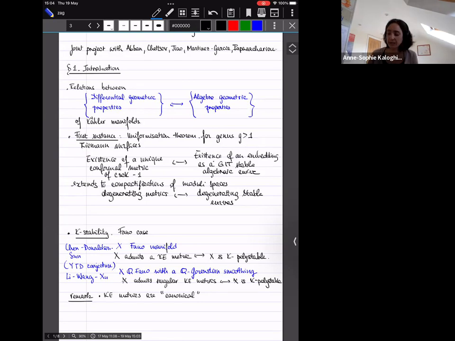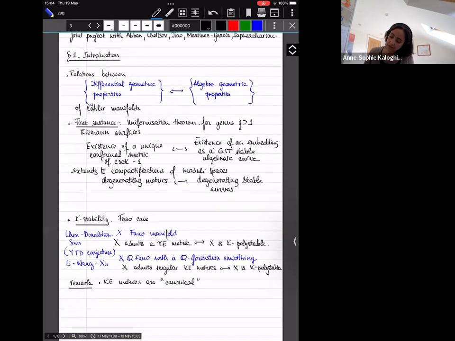Now, Kähler-Einstein metrics are canonical. So in a sense, in what I said just before, we could imagine that they could be used to construct moduli spaces. And until very recently, the moduli of Fano varieties was thought of as being very pathological.